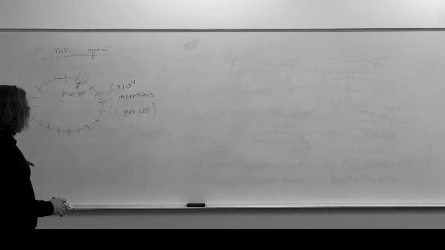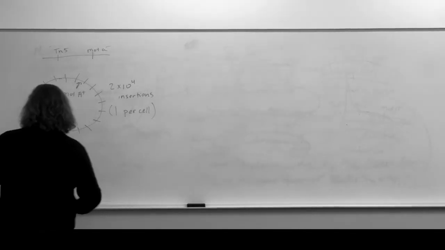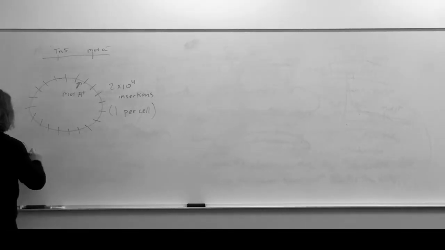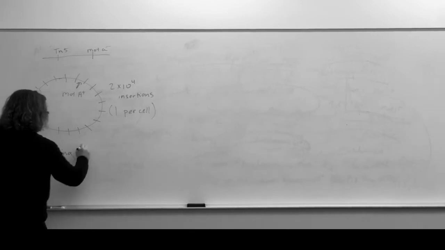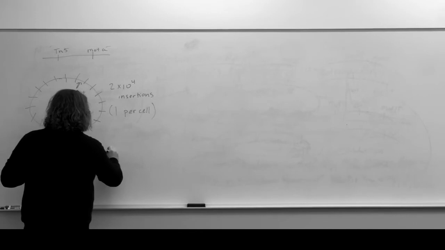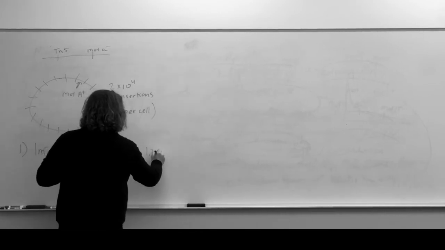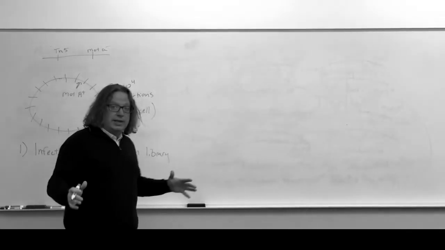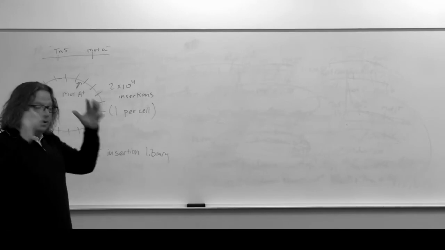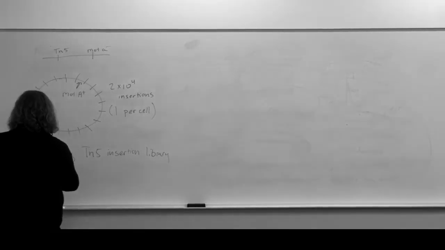And so how do we do this? Well, we start, as you might imagine, by infecting the TN5 insertion library. So all 2 times 10 to the 4th different bacteria, we're going to use them all and infect them with P1.